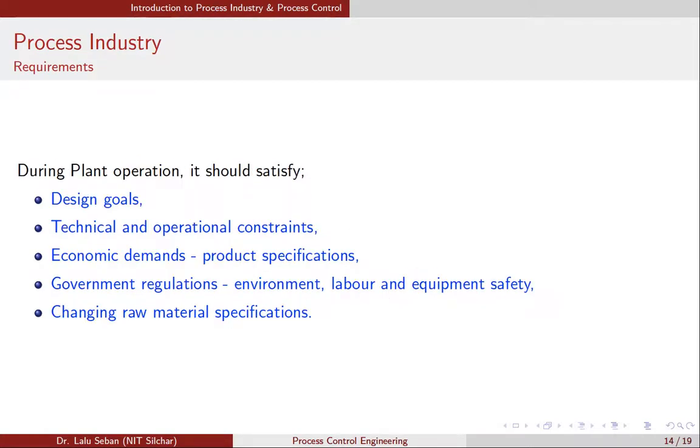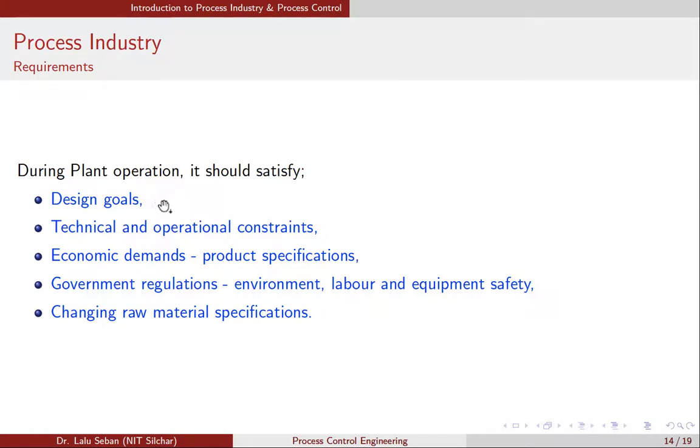Now, what are the main requirements a plant or a process industry should satisfy during its operation? There will be some design goals. That is, it needs to produce some finished goods. It has a minimum or it can have a maximum capacity.